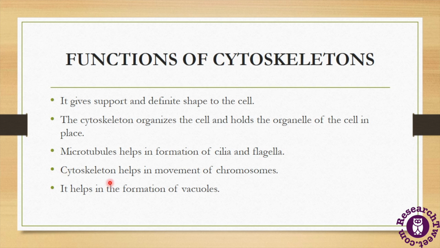The cytoskeleton also helps in the movement of chromosomes, and in cell division it helps in the proper partition of chromosomes into both daughter cells with the help of the formation of centrosomes. These cytoskeletons are also helpful in the formation of vacuoles, and in transportation mechanisms.